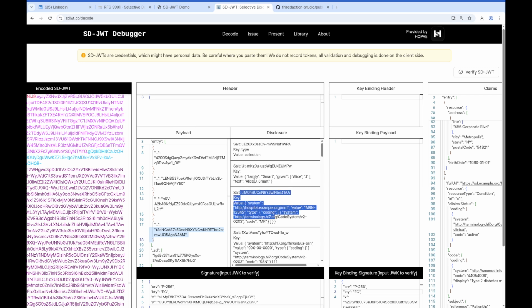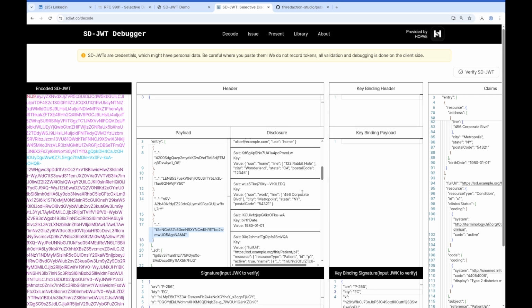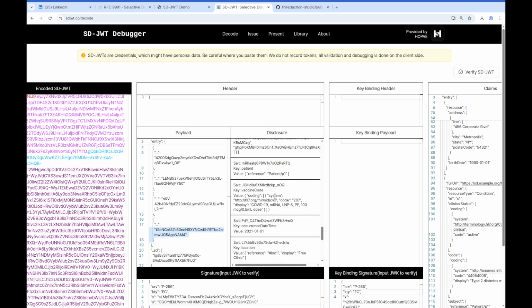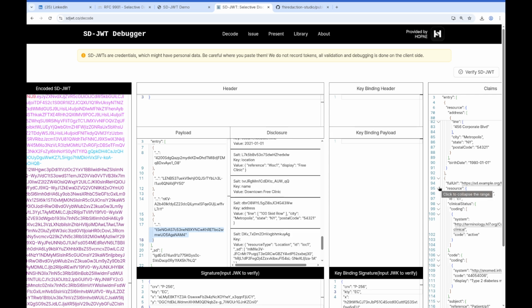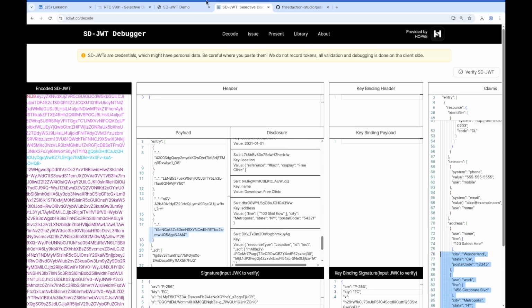So I know the name of the patient record is Alice J. Smart, and I know the email address is alice@example.com. Every little piece of information is in its own disclosure box, and I can decide which ones to share. In this case, I've shared all of them, and so the bundle that comes out on the other side has the full structure and all of the properties that were in the original FHIR payload.